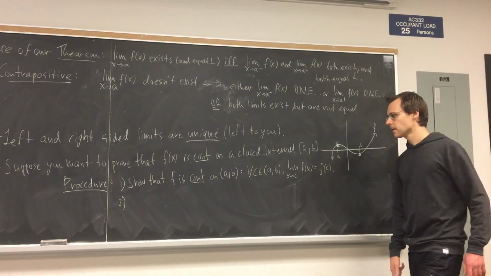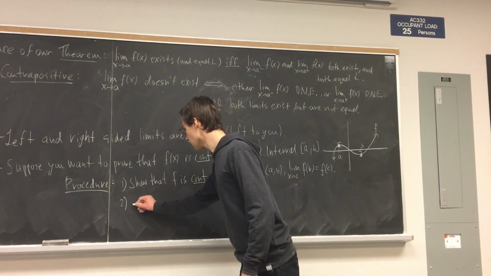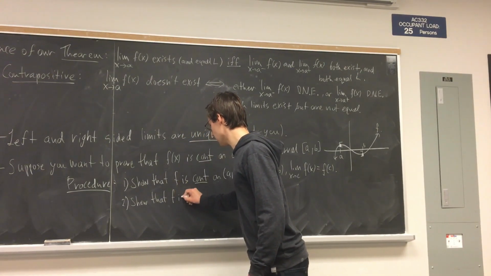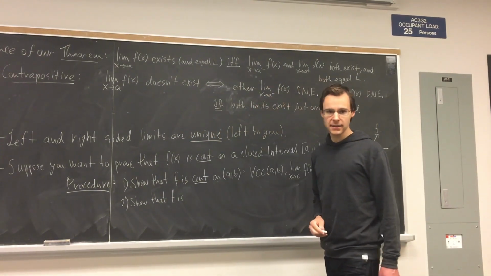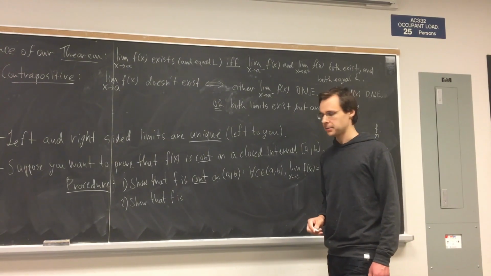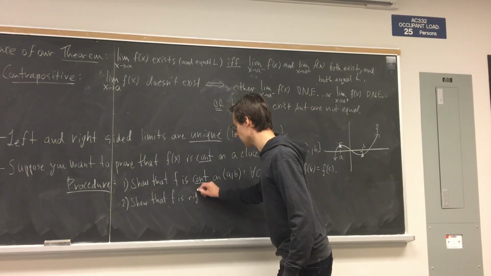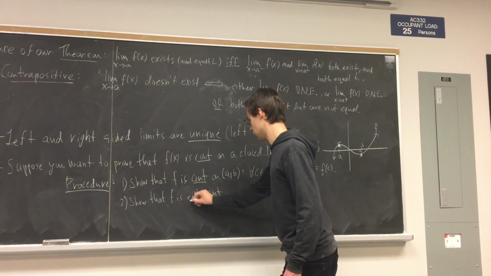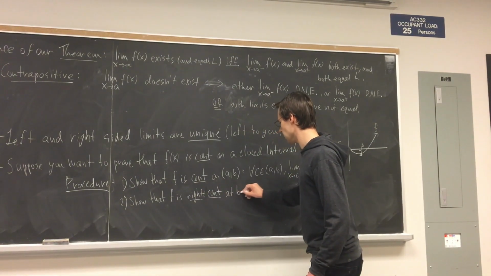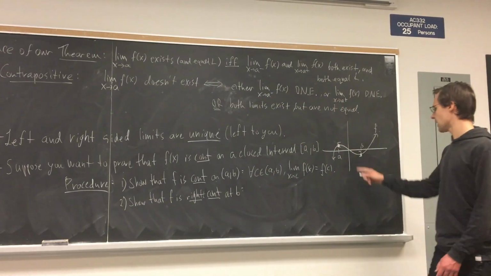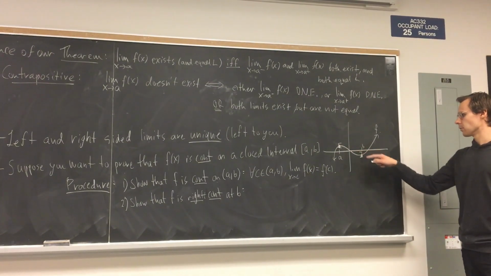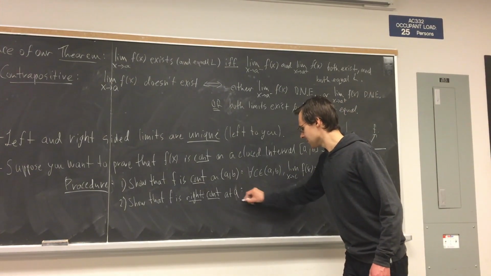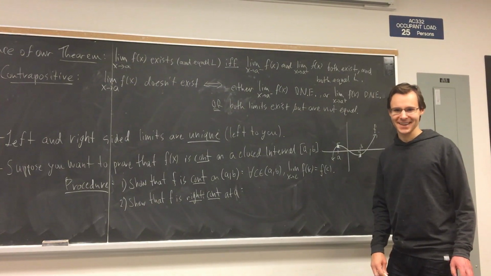The second step, we want to show that f is right continuous at b, right continuous, okay, at b. And what that means is that as you approach b from the right side, oh, I messed this up, didn't I? All right, the function is right continuous at a.